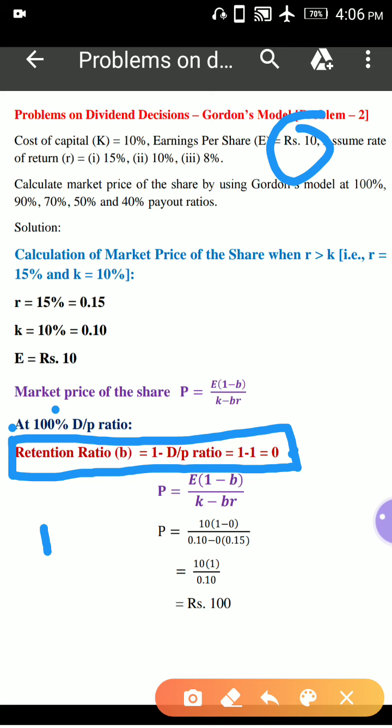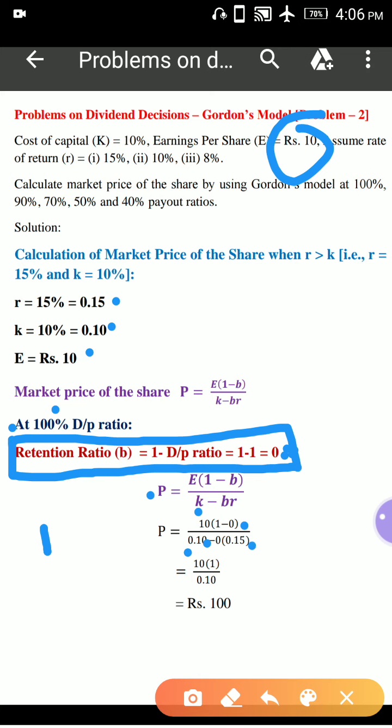P is equal to, the formula is E into 1 minus B divided by K minus BR. So the given E value is 10 into 1 minus B, where B is 0, so 1 minus 0, divided by K, which is 0.10, minus B, which is 0, into R, which is 0.15.